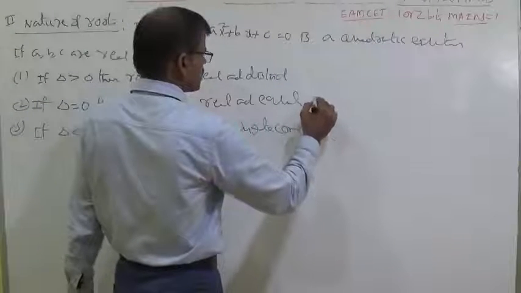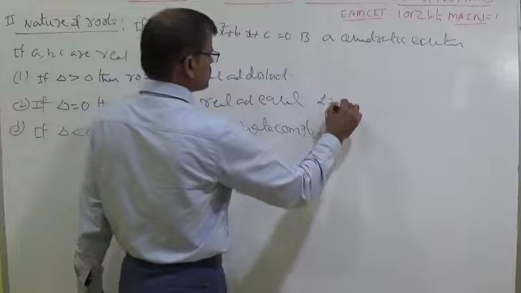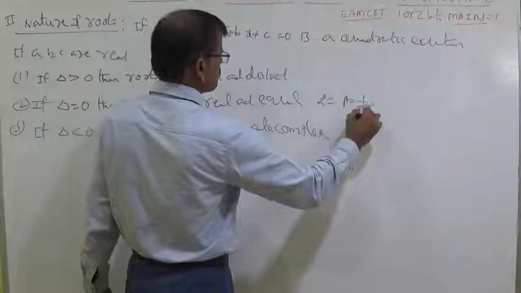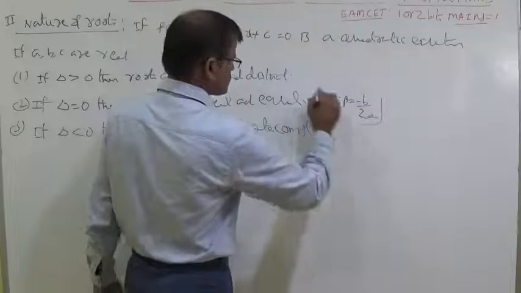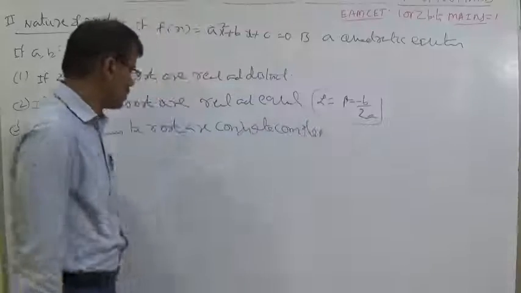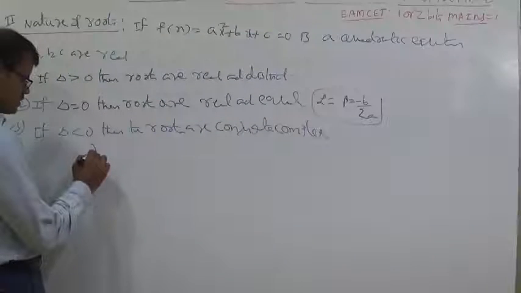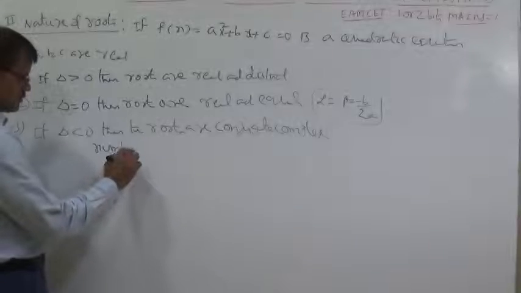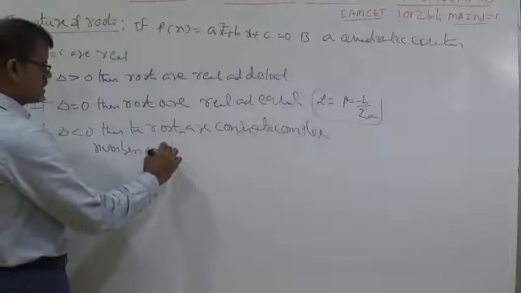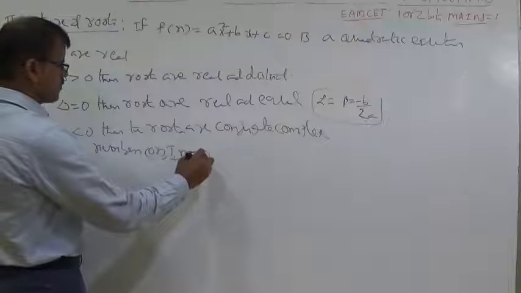Here you can say the roots are equal, that is alpha is equal to beta is equal to minus b by 2a. We can discuss this later.